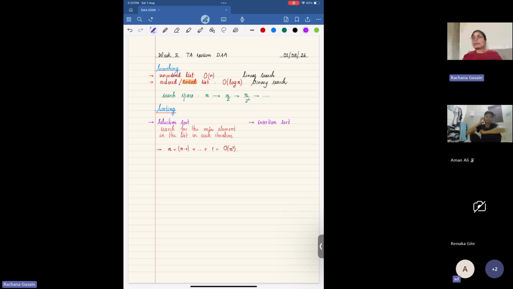Exactly. So the idea is, let me draw an example. Let's say I have the first k elements which are already sorted, via insertion sort: x1, x2 up to xk. Let's say this part is already sorted.